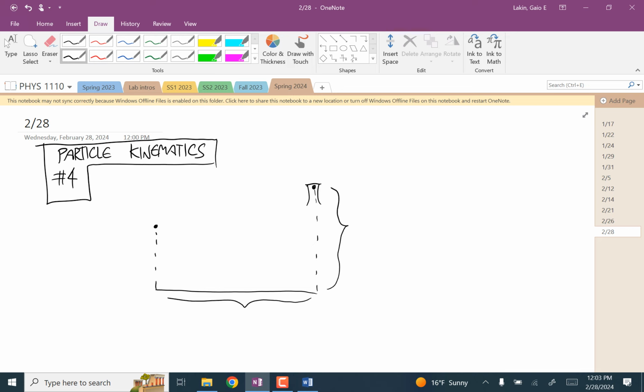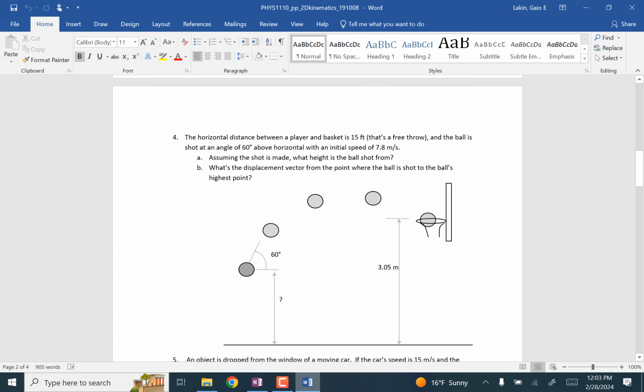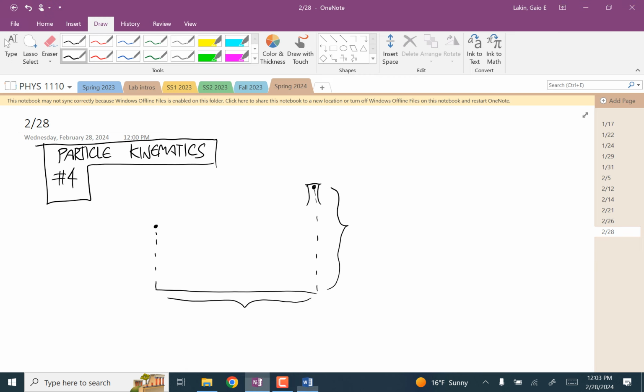And this height is 10 feet. It gives you that in meters: 3.05 meters. This is 15 feet.